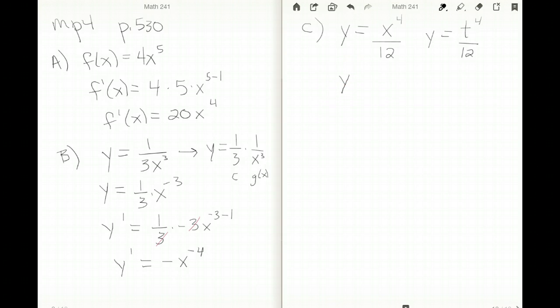If I wanted to, I could write this as y prime, and I would write y prime over here also if I had t's. The only difference is that the dy dx notation is for a change in y over change in x, but if your independent variable is not x, if it's t, you can't write dy dx.